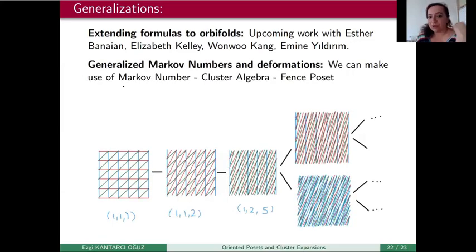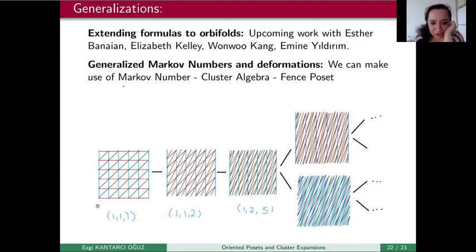And another goal of mine is to use this connection to work with Markov numbers, because there is this connection between Markov numbers, the solutions of the equation, cluster algebras, and Fans posets.